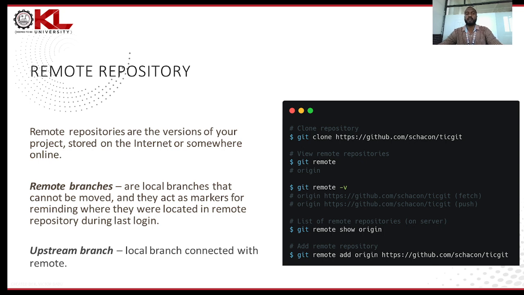So, the three terms I am telling you: a repository is nothing but a folder; a remote repository is a folder which is there online; remote branches, the only point is that we cannot move them, they are used to extract information. And the last one, upstreaming our branches, is taking our local branches online, to the remote. We call it upstreaming the branches, right?